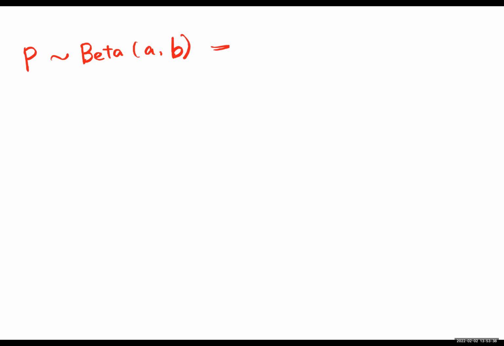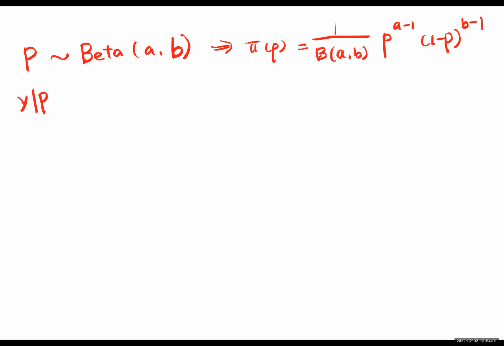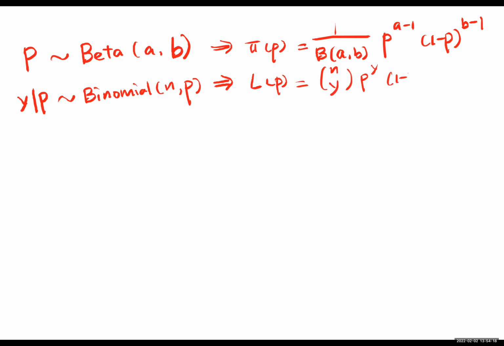What that means is the prior is 1 over the beta function B(a, b), times p to the power of a minus 1, and 1 minus p to the power of b minus 1. And then we know that the data, given the parameter, follows a binomial(n, p). So we know that the likelihood function is n choose y, p to the power of y, and then 1 minus p to the power of n minus y.